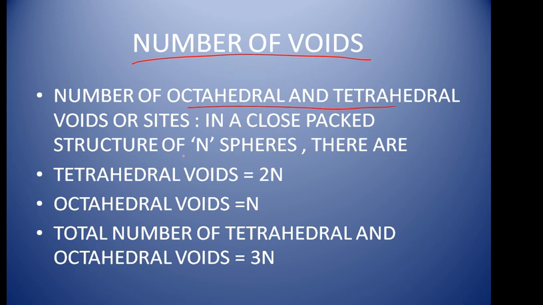If in a close packed structure there are n number of spheres, then total number of tetrahedral voids will be 2n, total number of octahedral voids will be n, and the total number of voids will be 3n. So this is important for 1 mark question. If there are n spheres in a close packed structure, then there are 2n number of tetrahedral voids and n number of octahedral voids.